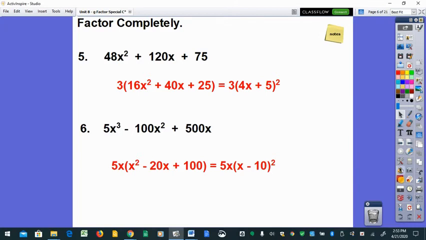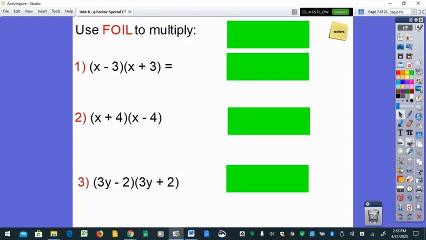Now, there is another special case. So let's take a look at him. Just to remind you, we did something like this about a week or so ago. If we were to FOIL these, this is the case where we get the x squared, and the outer is a positive 3x, and the inner is a negative 3x, which is going to fall out. The OI is going to drop out, and the last will be negative 9.